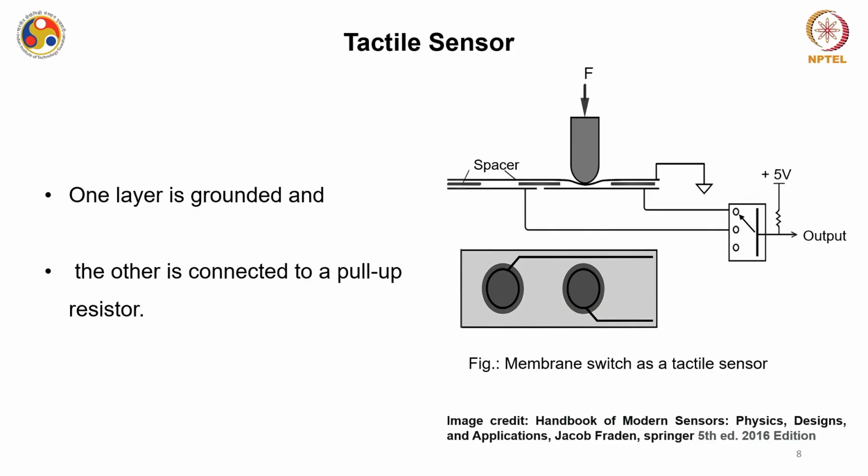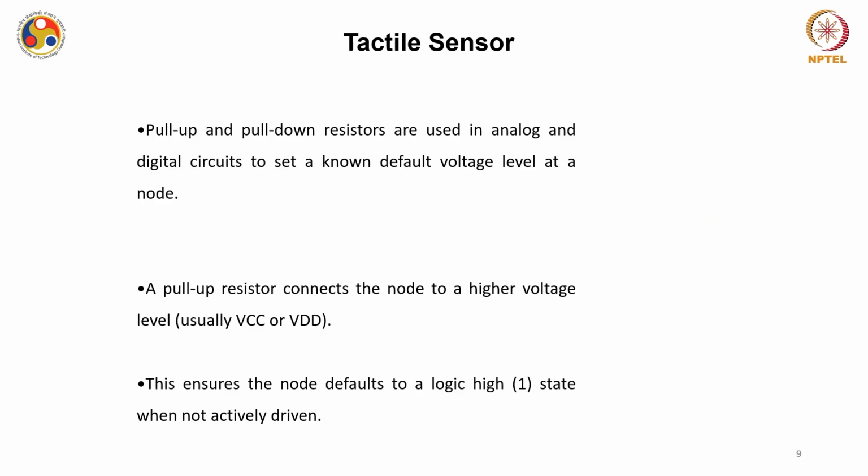In this configuration, one layer is always grounded. You see the top electrode or top foil is grounded. The bottom foil is attached to a pull-up resistor. This is just a layout of a pull-up resistor.